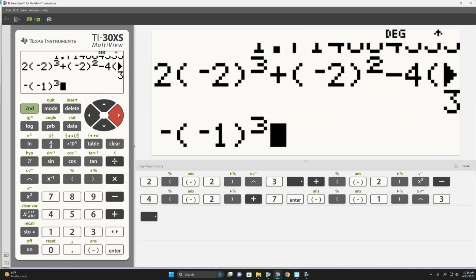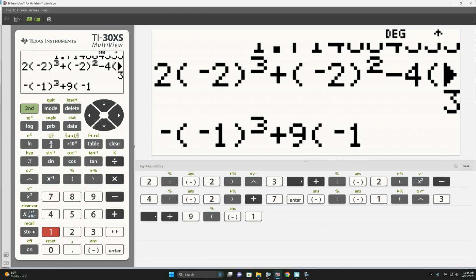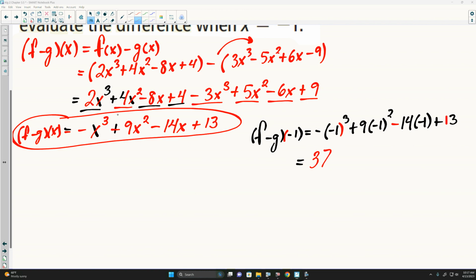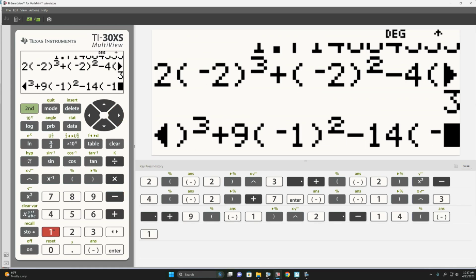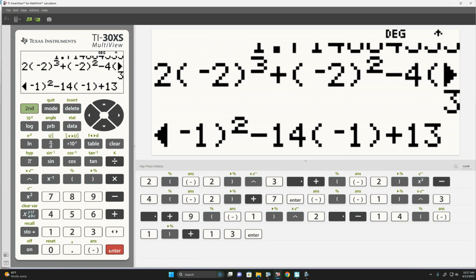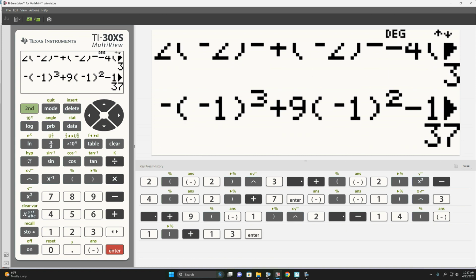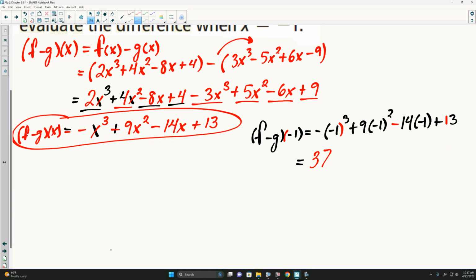Plus 9 times negative 1 squared, minus 14 times negative 1, plus 13 is 37. Any questions on addition or subtraction? We good with these here?